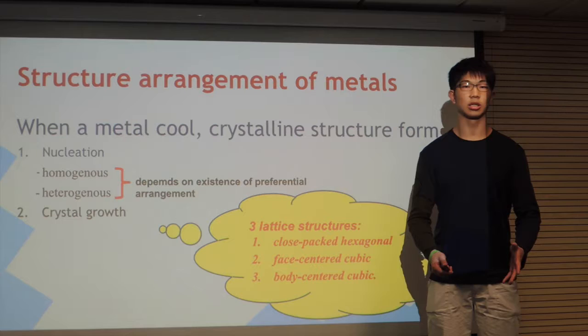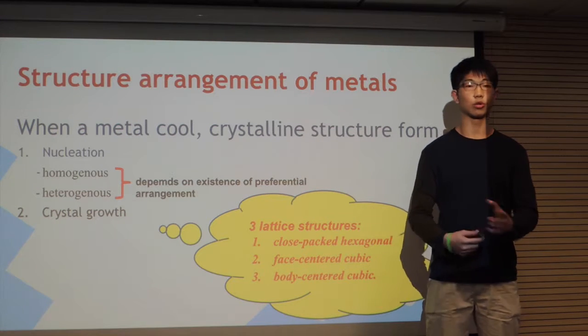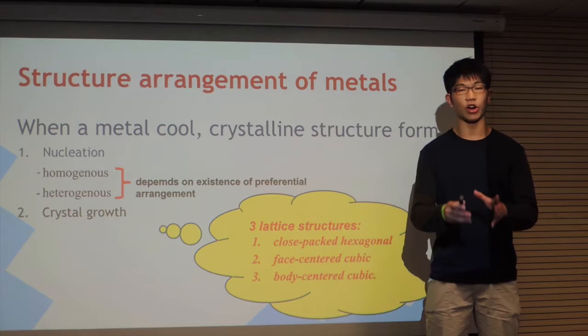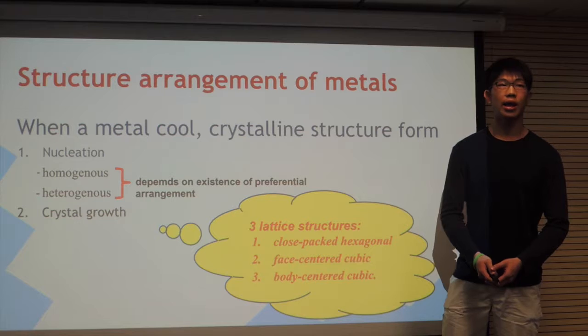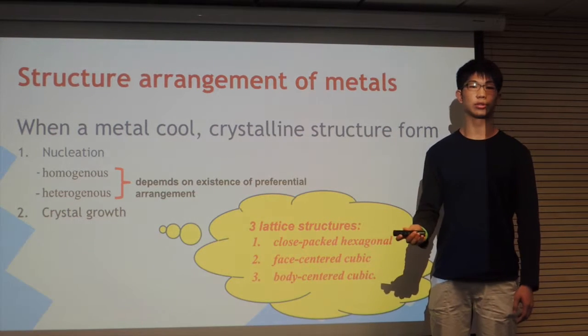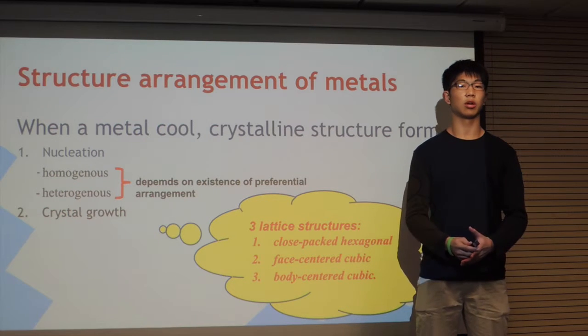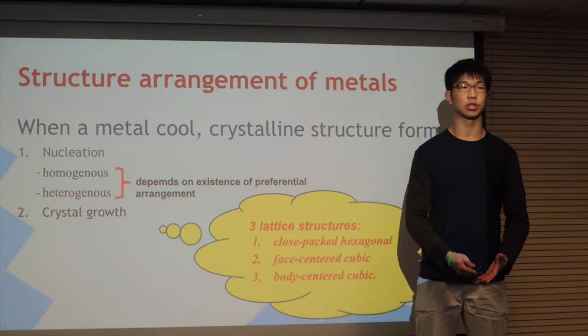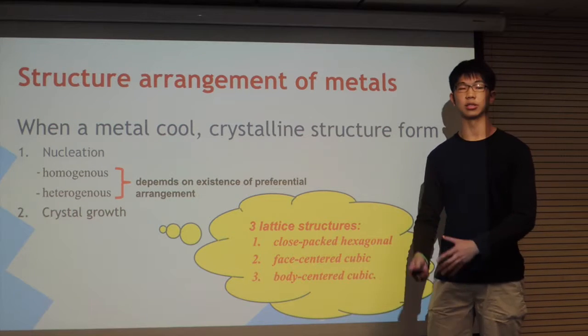That depends on whether there's a preferential arrangement for grains, which are small fragments within the crystal structures. Homogeneous nucleation refers to a random, distorted merging of grains to form lattice structures, while heterogeneous nucleation will have certain well-organized patterns in it.